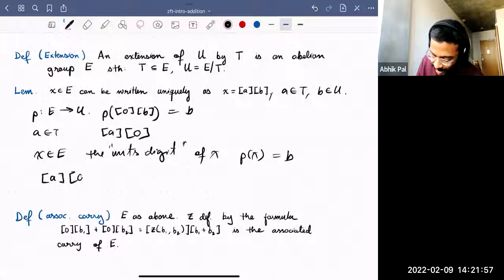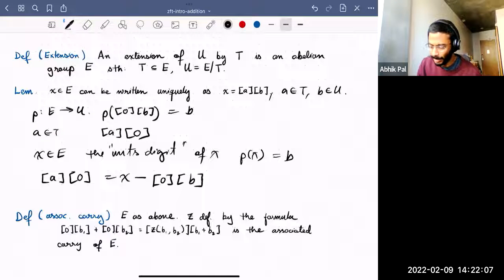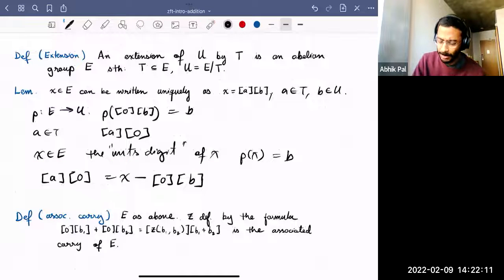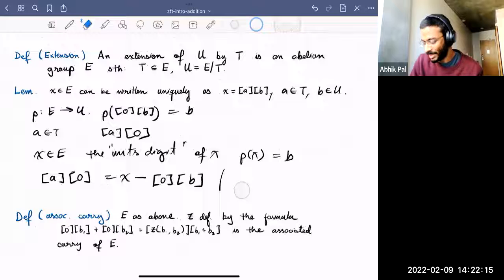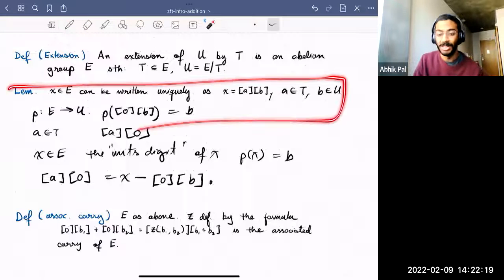So the tens digit I can just define by looking at X minus the units digit, so X minus 0, B. And you can sort of see that this gives you some unique things. So by a counting argument, you can in fact see that this decomposition is unique.